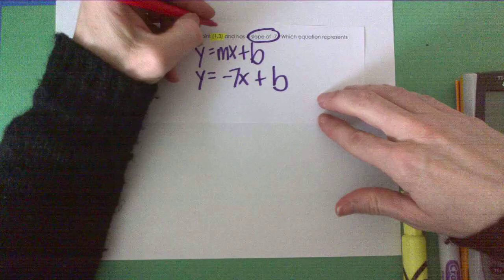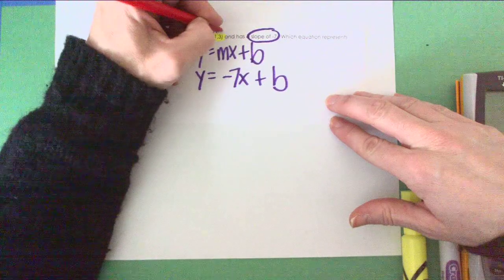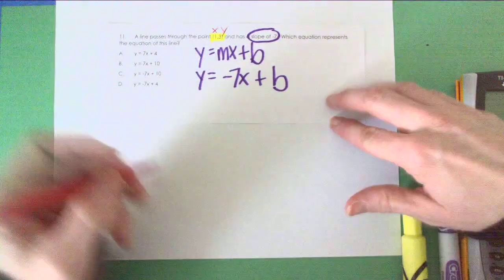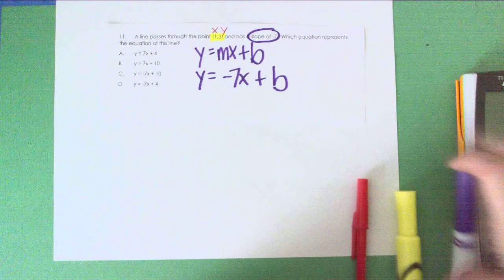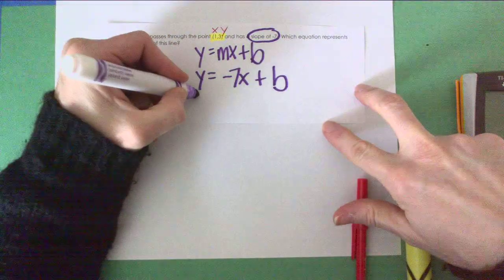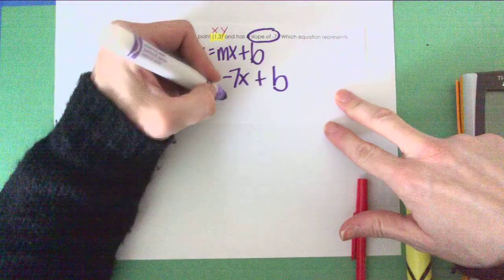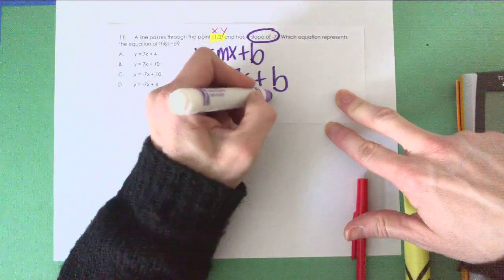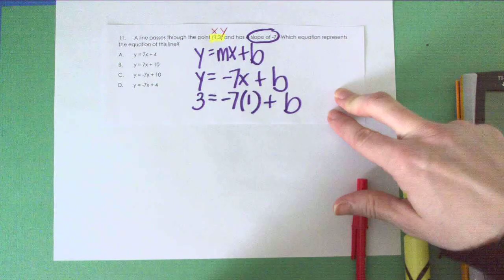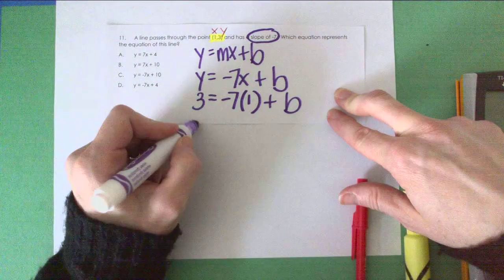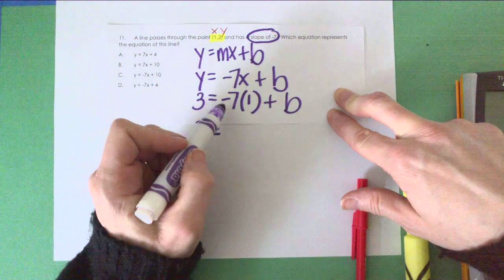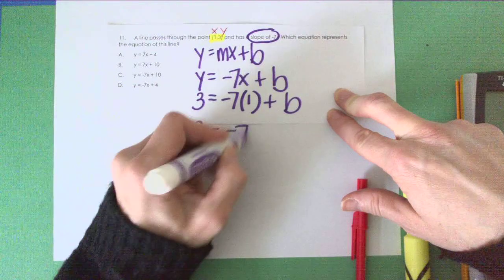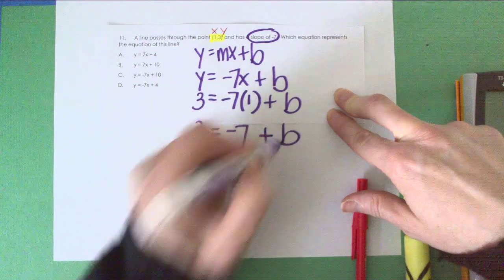So the 1 here represents an x, and the y is 3. So I'm going to put in my y value, 3 equals -7 times 1 plus b. Solving this out, I'm going to get 3 equals -7 times 1 is -7 plus b.